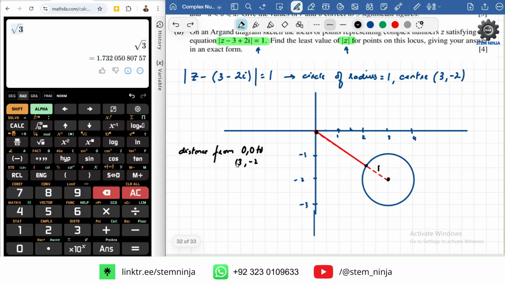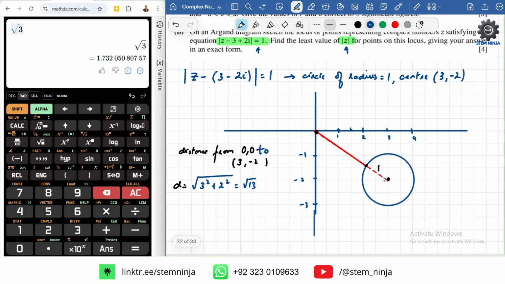This would be just simply 3 squared plus 2 squared, 9 plus 4, 13. This is your root 13.